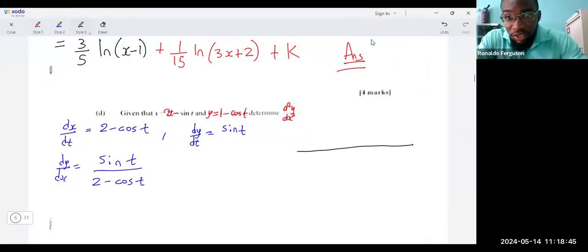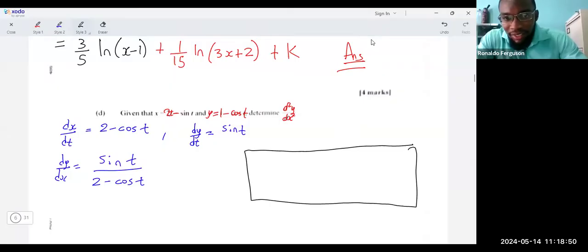I think this is a very tricky question because many persons might just differentiate this and think they finish. You have to remember d2y by dx squared is equal to d by dx of dy by dx.